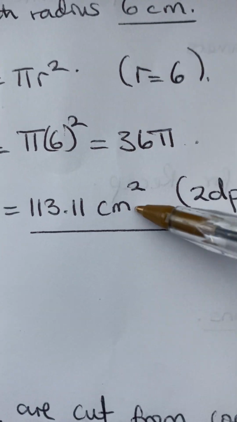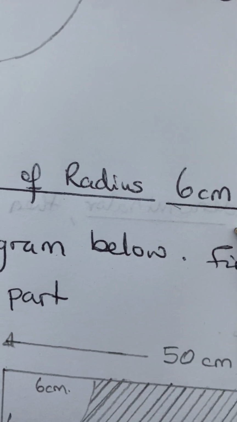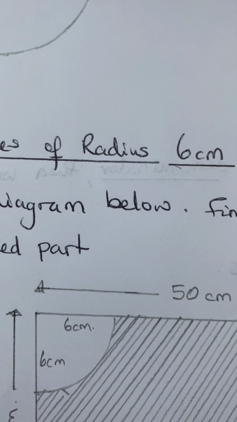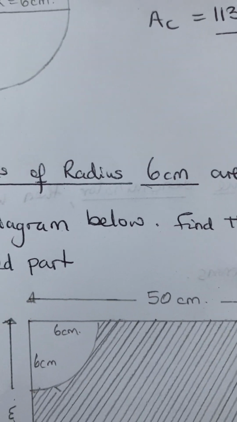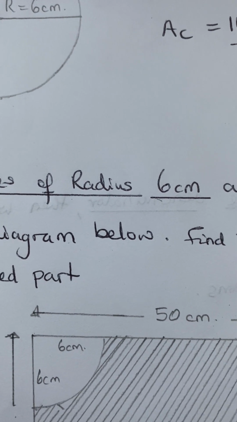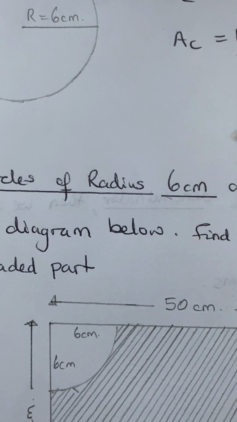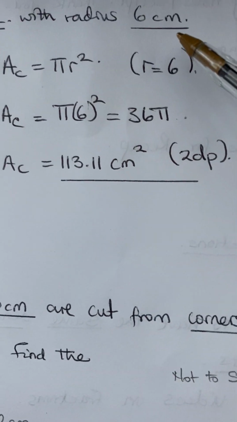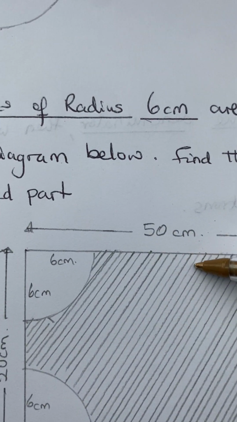Now, this is the first part of the question. I've just done a question with radius 6 centimeters, so I would like to keep an eye on what this question is about, because I might need the information I've just found to solve this.